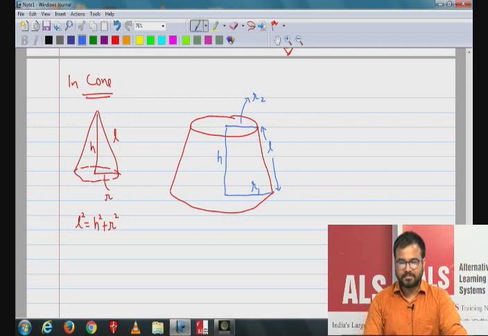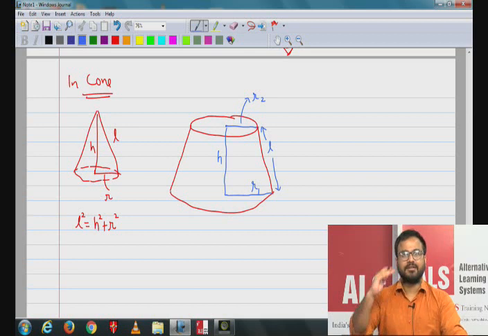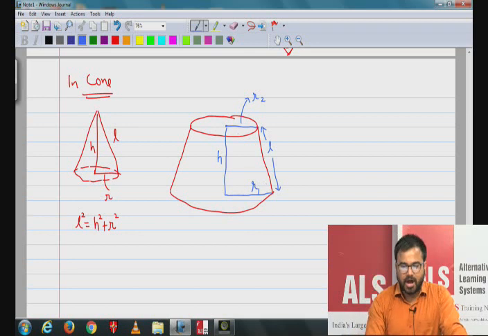Okay, so let us find the relationship between the slant height, the radii, and the height. Now you can see how we can figure out this one. If this AB indicates the height of the frustum, then you can draw this line also. That will also indicate the height of the frustum.